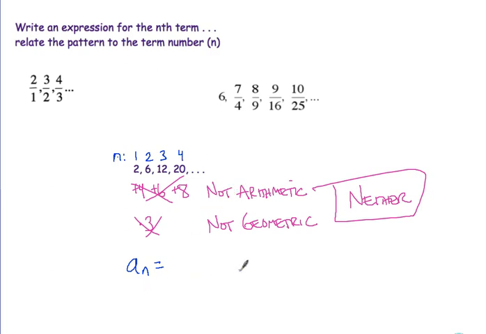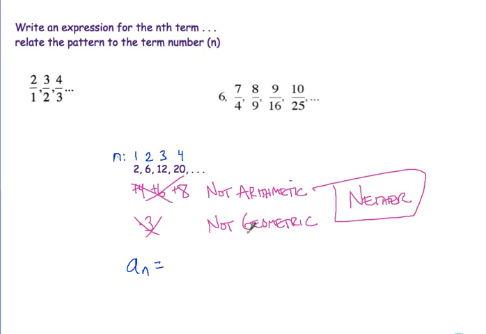So when I write my equation, I better get a 2 when I plug a 1 into my equation. I better get a 6 when I plug a 2 into my equation, and so on. So my equation has to involve something involving n, such that when I plug a 3 in for n, I get a 12. So this is where it gets trickier.